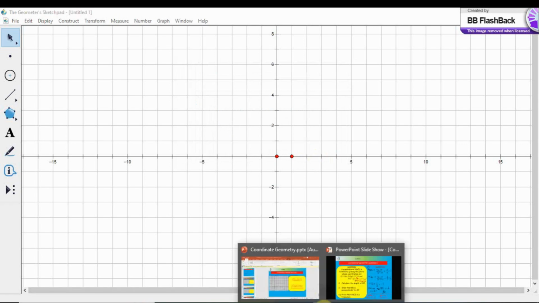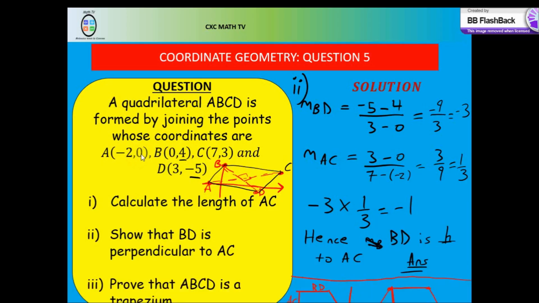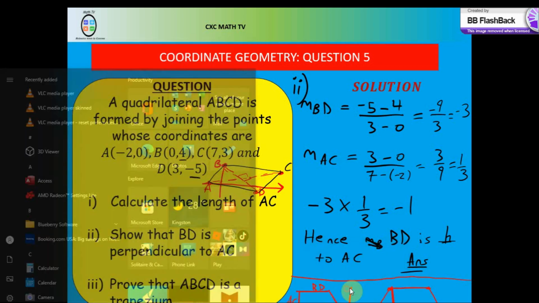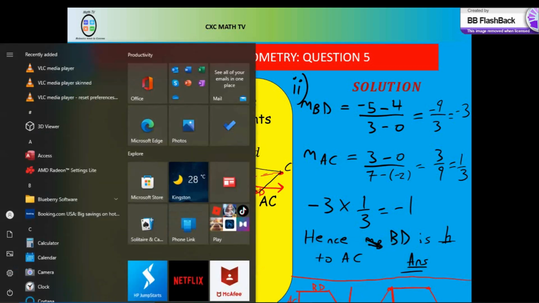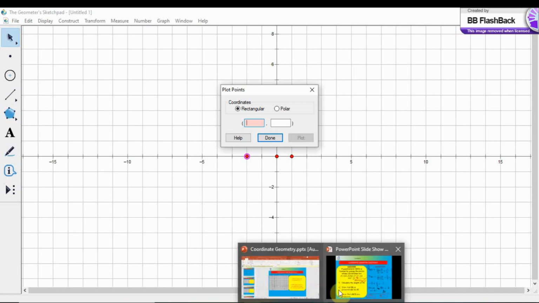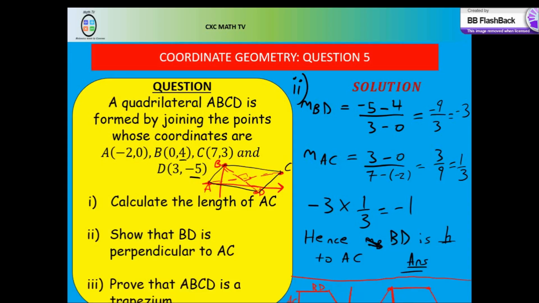Look at what I'm doing. I'm plotting these points. The points I'm plotting are negative 2, 0, 0, 4, 7, 3, and 3, negative 5. Negative 2, 0 for A. Plot that point, negative 2, 0. Then I'm plotting the point 0, 4.